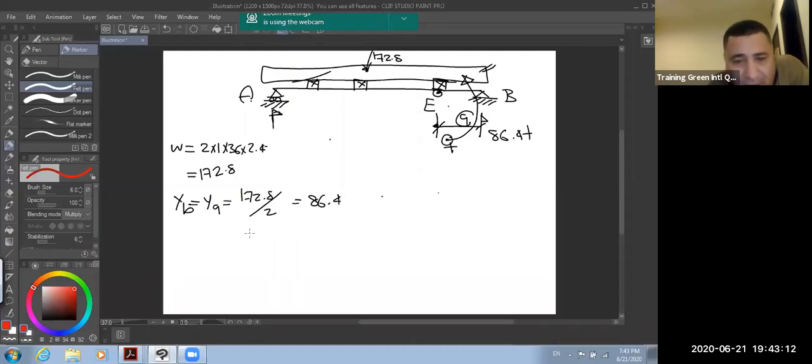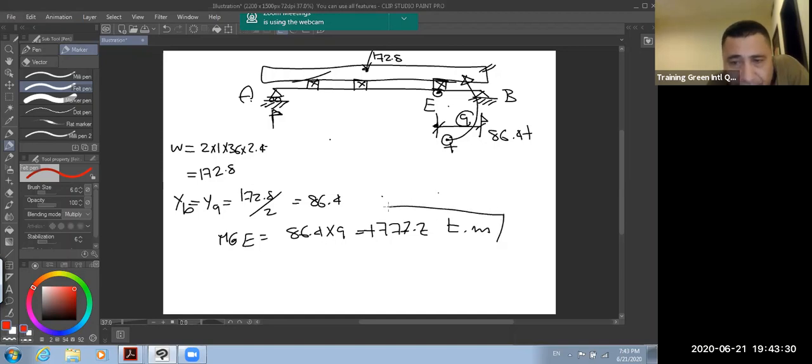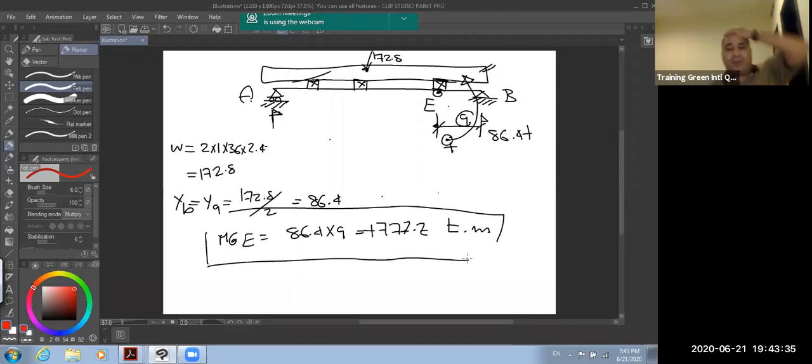So moment at E equals what? Equals 86.4 multiply 9, equals 777.7 ton meter. Positive. See now? You will never forget your answer now.